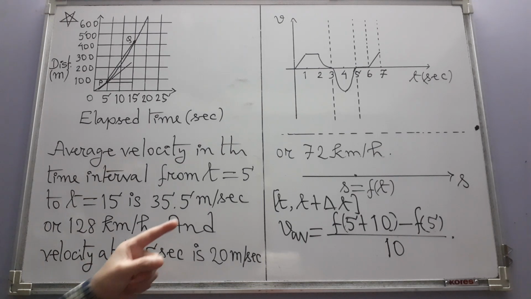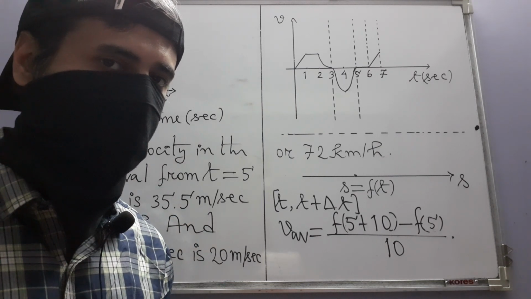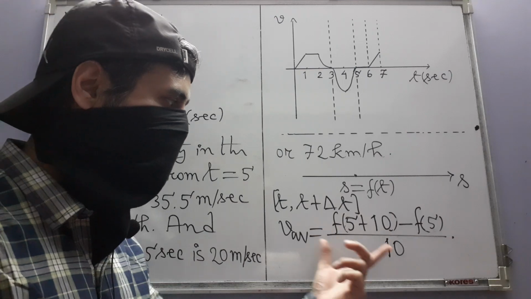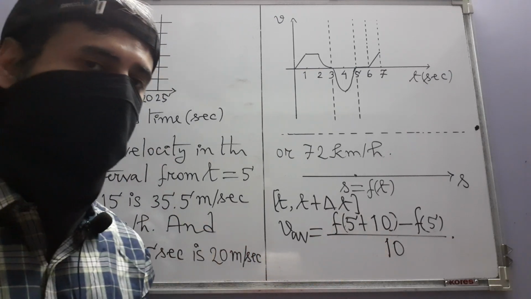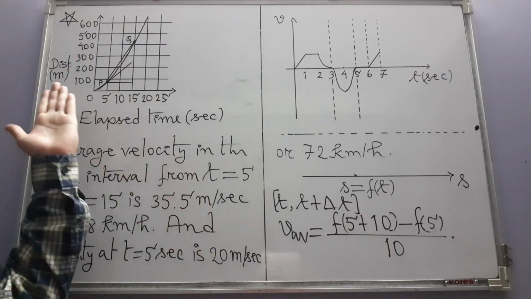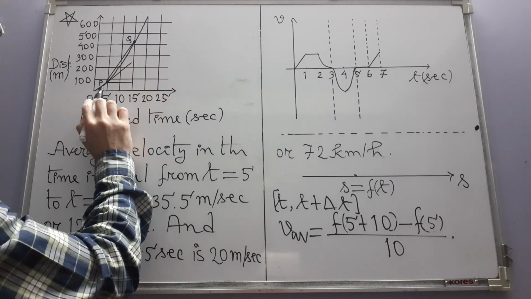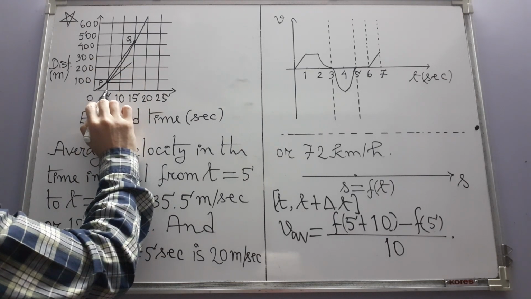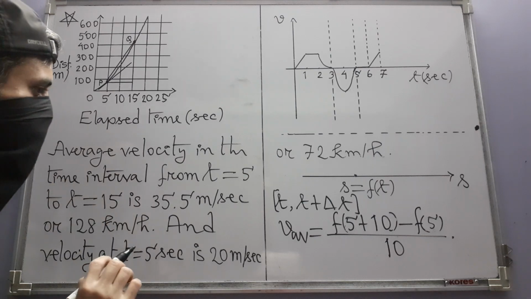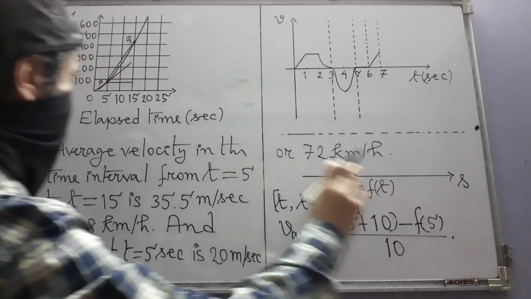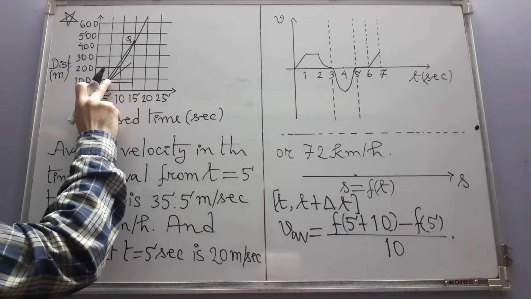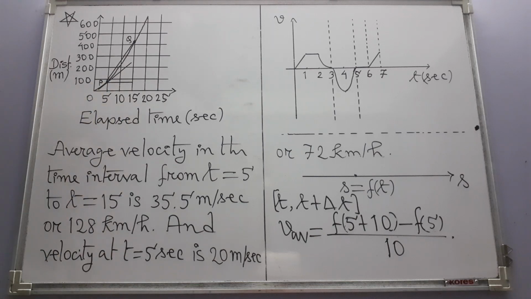Now, what is this geometrically? You may remember that this is nothing but the slope of a secant line of this curve. This is the point t equal to 5. When t is 5, then f of 5 is the y coordinate of this point P. Okay.